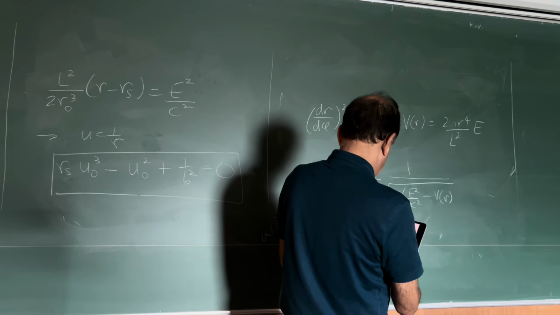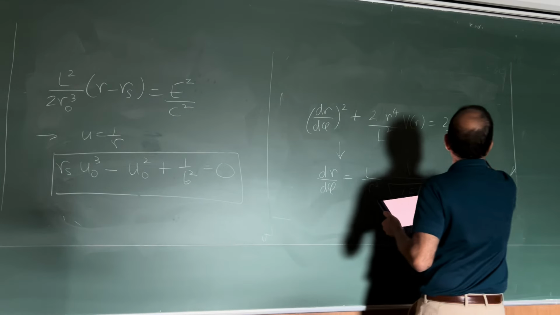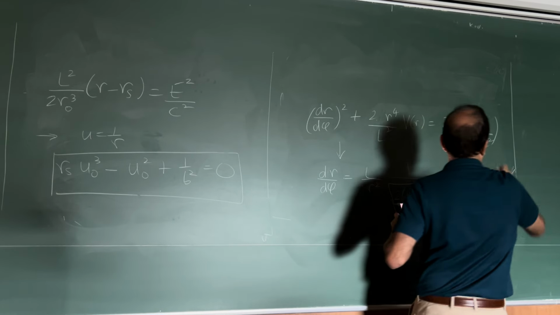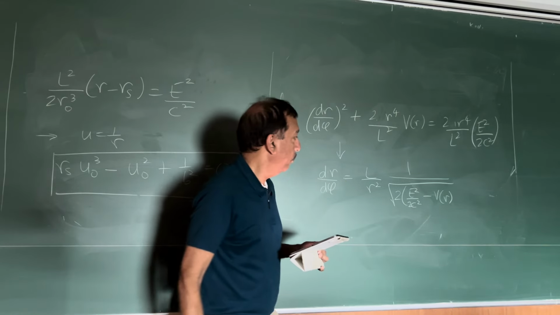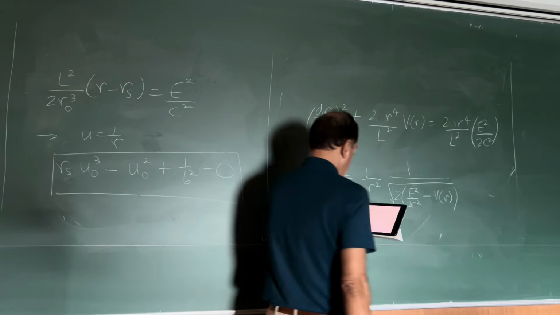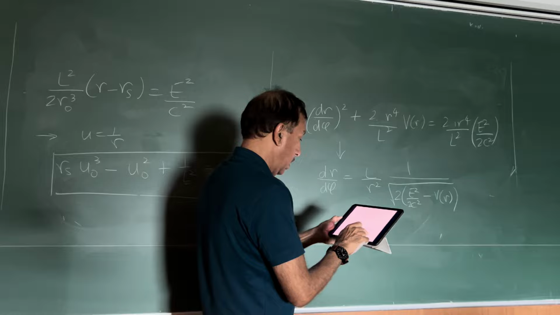I have a slight inconsistency. This is not E but E squared by 2C squared. We always keep this as the quantity which stands in for E.